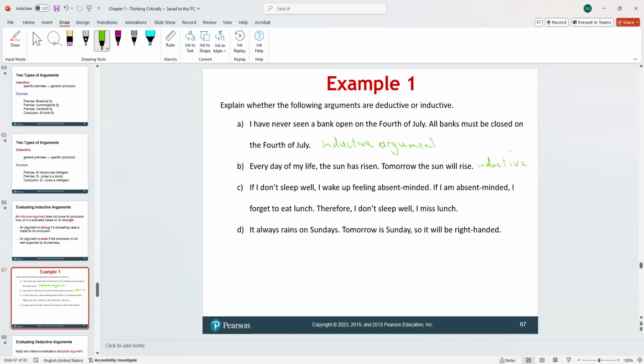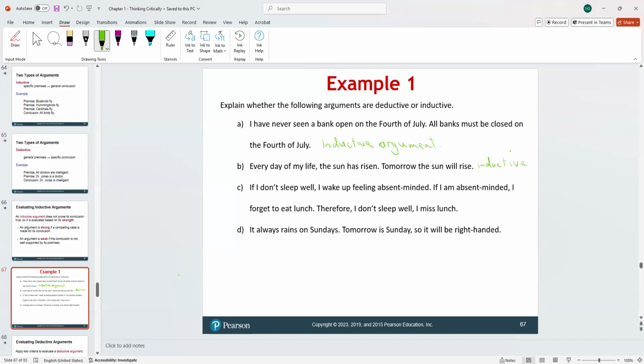If I am absent-minded, I forget to eat lunch. So therefore, if I don't sleep well, I miss lunch. You see, now I make it very specific to me. I come from something general. Then I said, okay, you know what, if I didn't sleep well, then I miss lunch, right?